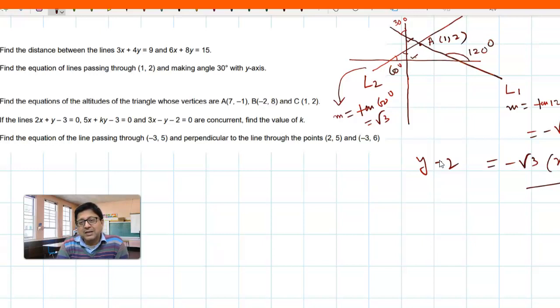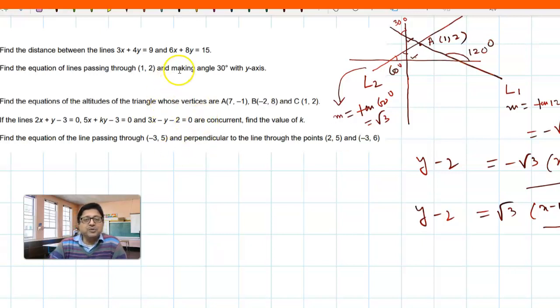This is number 1. And y minus 2 equal to root 3 into x minus 1. This is number 2. Alright. So lines can be obtained easily by drawing the position of the point in two different cases. Let us do the next one.